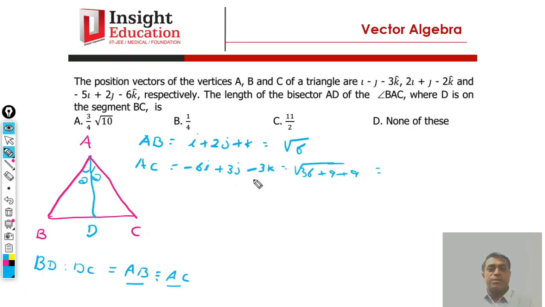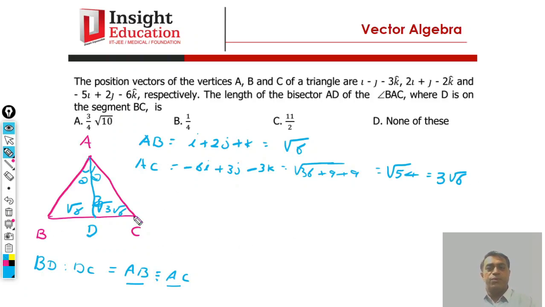So 9 plus 9 is 18, so 54 under root. So 9 into 6, so I can say 3 root 6. So this ratio, AB is root 6, and this ratio is 3 root 6. So root 6 and 3 root 6.